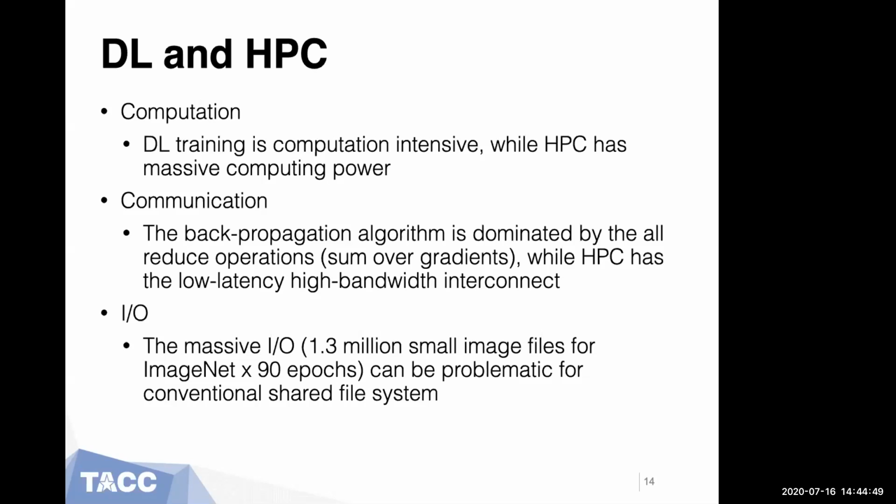In every iteration, we access a batch of the dataset, and theoretically the selection of this batch is independent of other iterations. So it's really hard to find a way to efficiently cache or prefetch this dataset. If we run 16 nodes, each with 4 GPUs, on this workload, it can easily slow down our shared file system, and sometimes it causes the file system to hang. I will talk about this in a lot of detail, and we have some solutions for this.